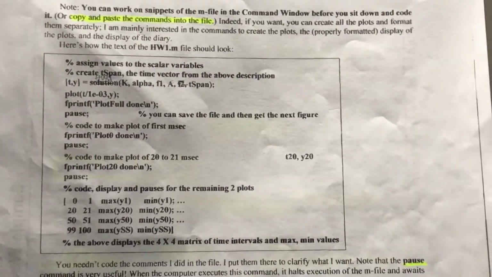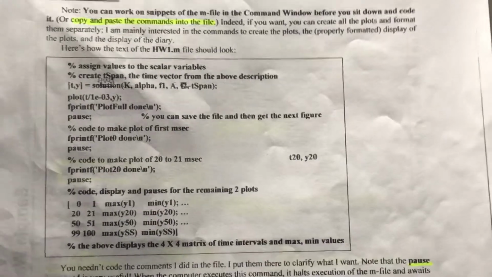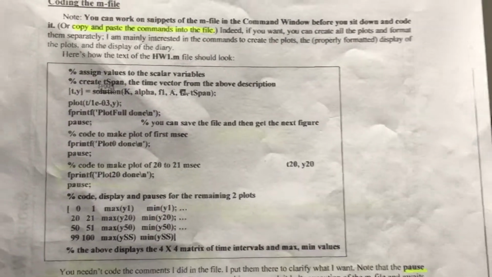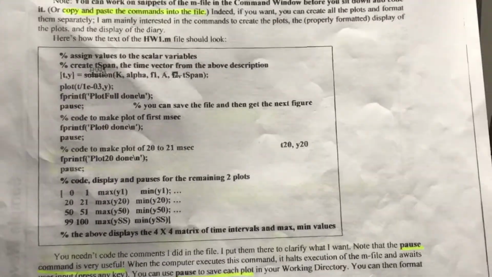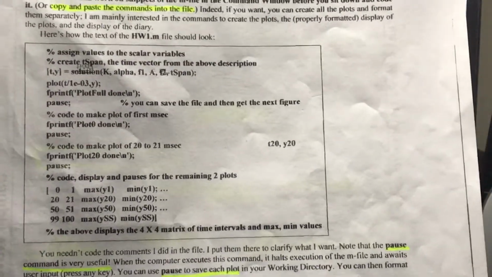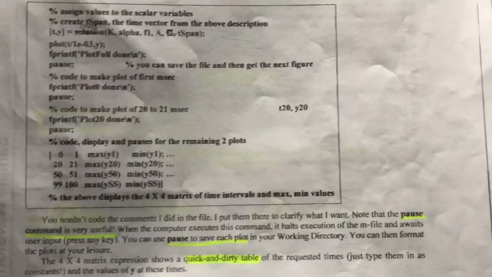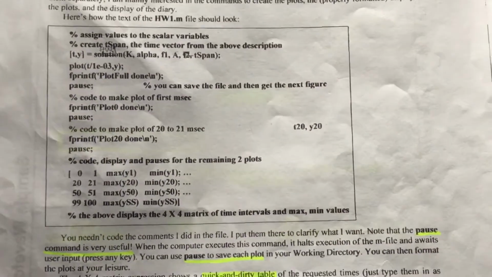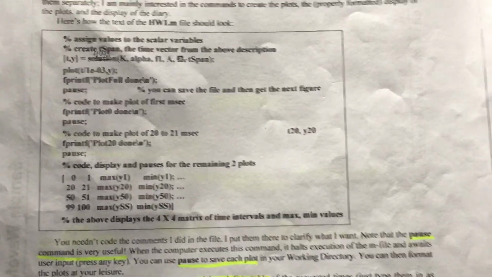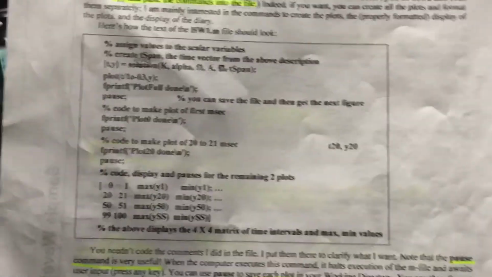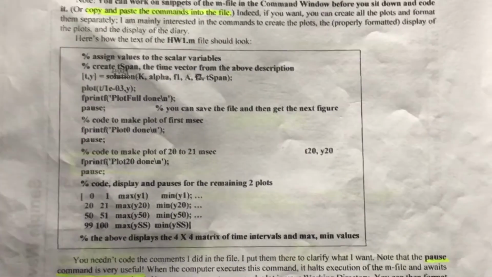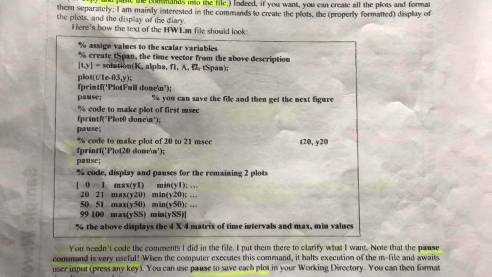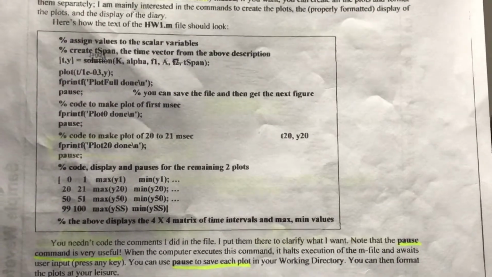So right now what I'm just gonna write is the fprintf plot done pause and the fprintf plot 0 done pause, all those others for each of those plots. And in the end, I'm also gonna write the matrix, how Myers calls it the dirty table, or just a regularized table that doesn't take so much time and effort to do. And yeah, that's pretty much it. Oh, the 4x4 matrix. Yeah, I could have called it that instead of the dirty table.